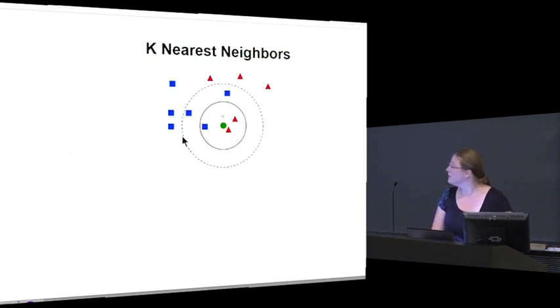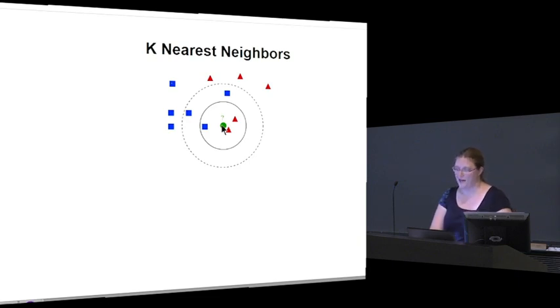So here's an example. We have a new data point, and we have our red data and our blue data here. This is from Wikipedia, but I really liked the illustration. So if you say K is 3, then we're in this inner circle here. You're looking at the 3 closest neighbors. 2 of them are red, 1 is blue. So the new data point gets assigned a red label.